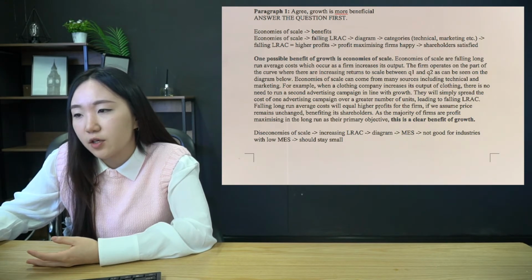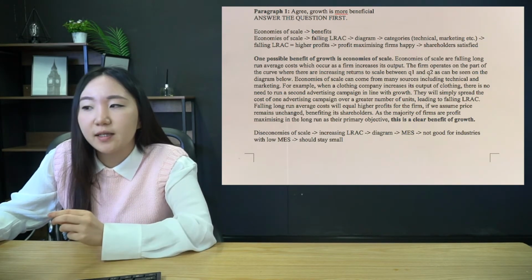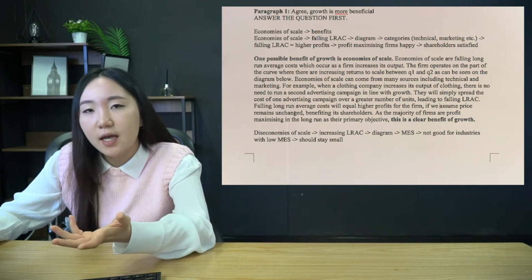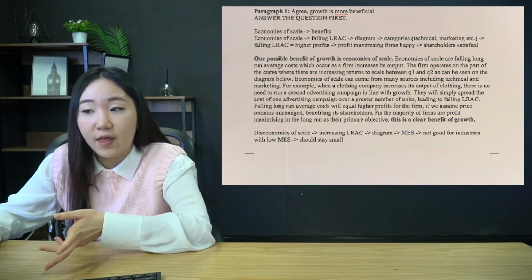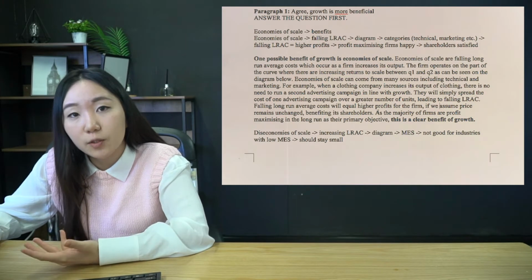So falling long run average costs will equal higher profits for the firm if we assume price remains unchanged. I just put that little caveat in there to show even further analysis, that I'm understanding it's not just a cost side issue, there's also the revenue side, benefiting its shareholders. And then of course I don't want to stop there. I want to explain why shareholders would benefit.